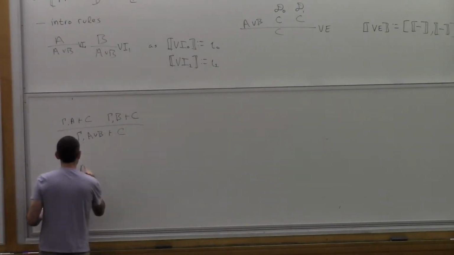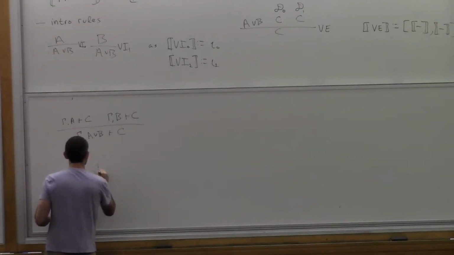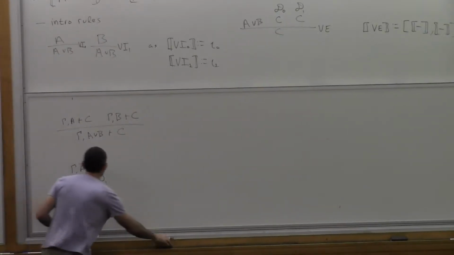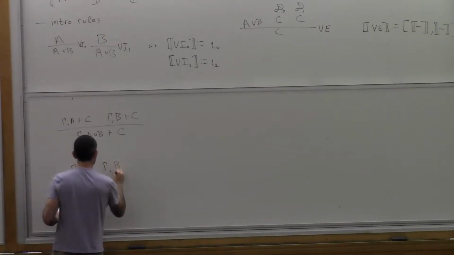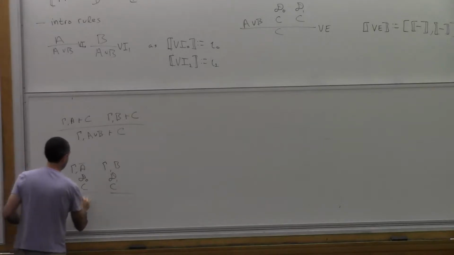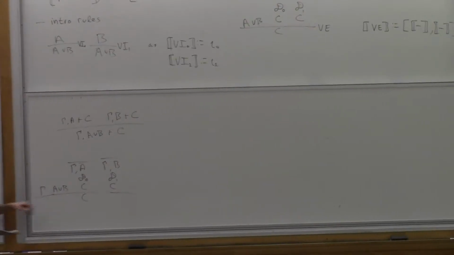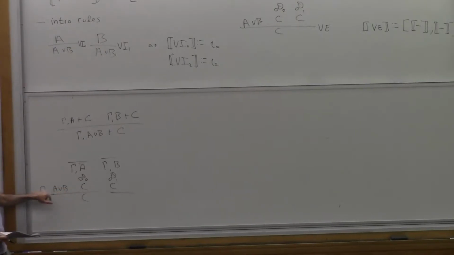So if D0 lets me conclude C from A, and D1 lets me conclude C from B, then from A or B, but now also with gamma, I can infer C. And I can cancel all of these assumptions. So the point is, here I use one copy of gamma in each subderivation, but this rule is telling me I only need one copy of gamma overall.